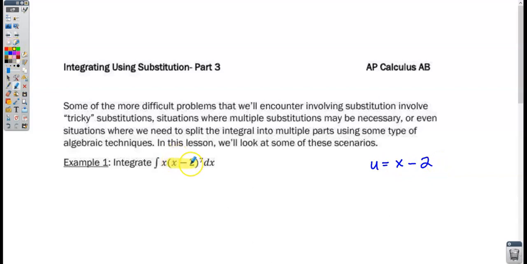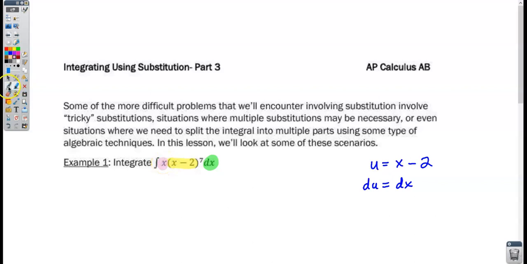So that's our u. That's going to be u to the 7th. And then if I take the derivative of this, I get du equals dx. And so that takes care of my dx. Unfortunately, I have an x left over here.